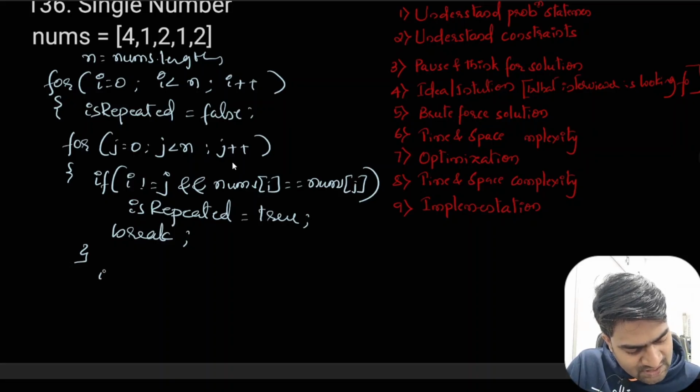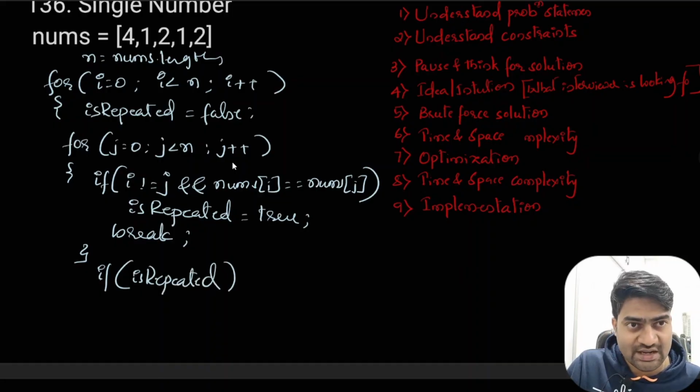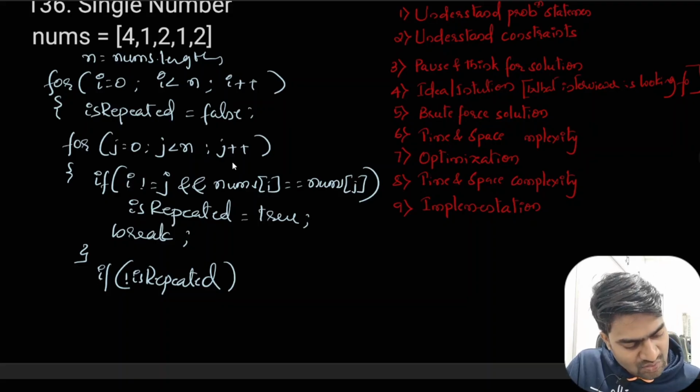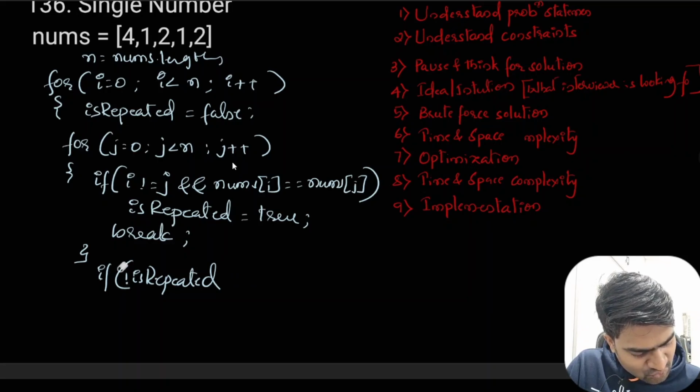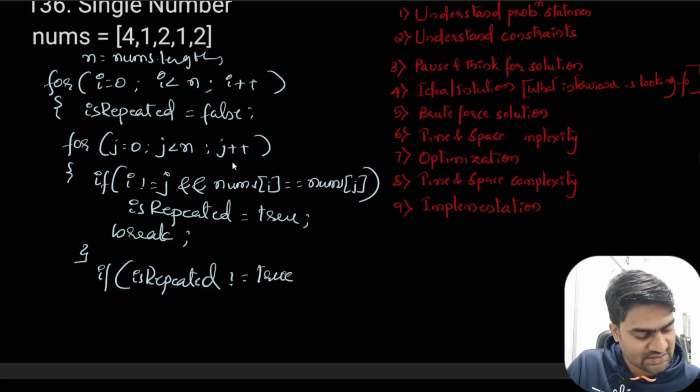Then what I will do, I will check if it is repeated. If it is repeated, basically we should check if it is not repeated. If it is not repeated, or for your understanding, I'll remove this. If it is not true, it will be false.